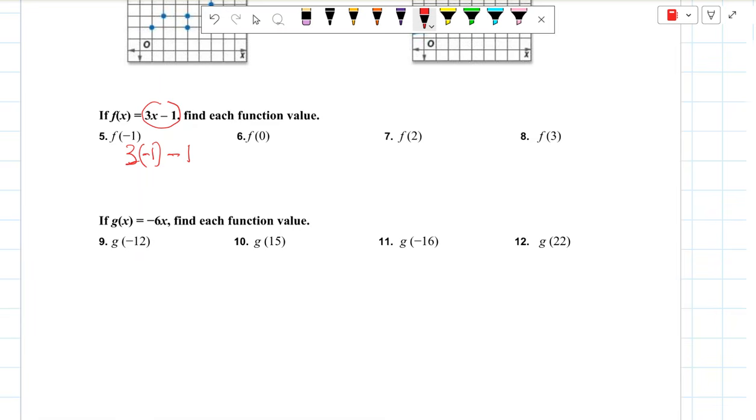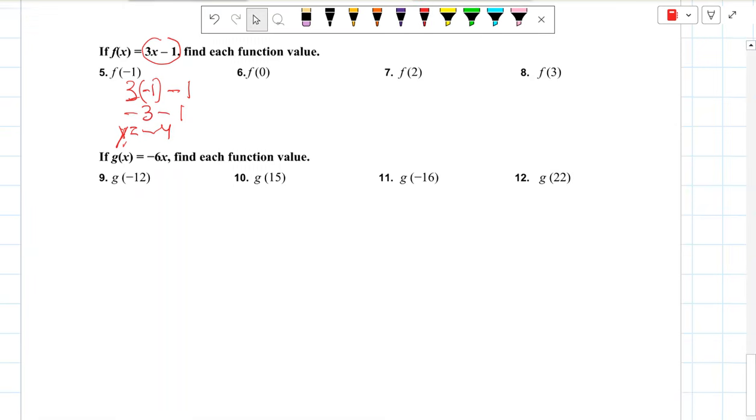And 3 times negative 1 is negative 3. And negative 3 minus 1 is negative 4. Remember, you have 3 options to write this in. You could do y is equal to negative 4, or f of x is equal to negative 4, or you could do an ordered pair, negative 1, comma, negative 4. That's how you do those.